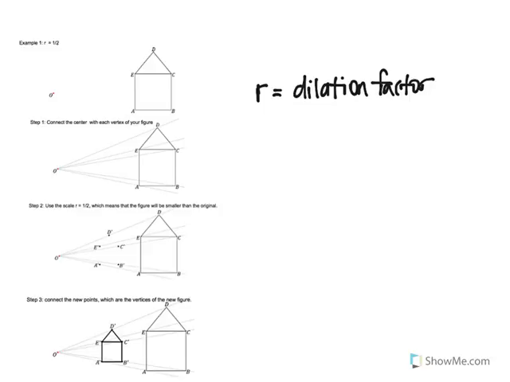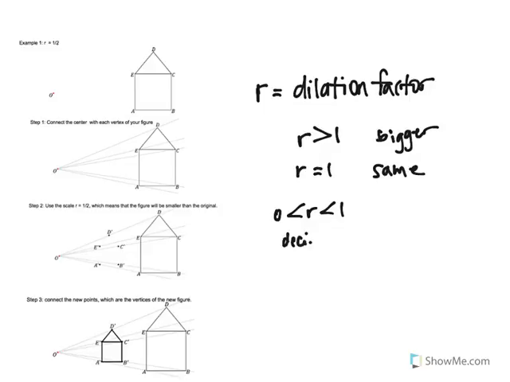Whenever r is greater than 1, the shape gets bigger. Whenever r equals 1, the shape stays the same. And whenever r is greater than 0 but less than 1, aka a decimal or a fraction, the shape will get smaller.